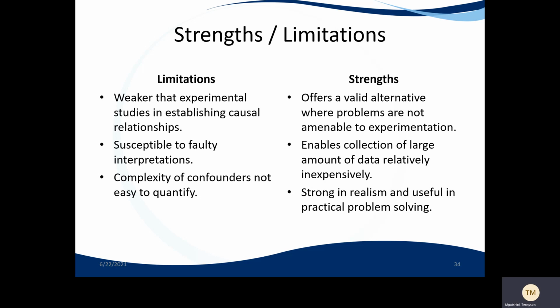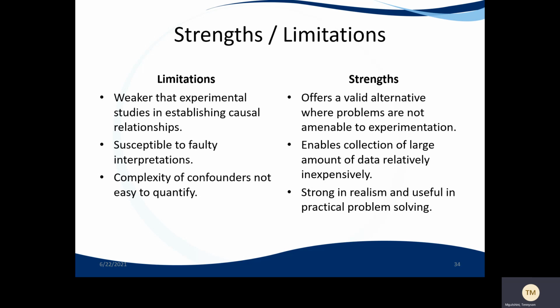Whereas the strengths are that it's a very good way of offering an alternative way of understanding cause and effect when you don't have access to experimentation. You don't have the ability to actually manipulate things, but you can observe them. And then, by virtue of it being quantitative, you can collate large amounts of data about large groups in a relatively inexpensive way.